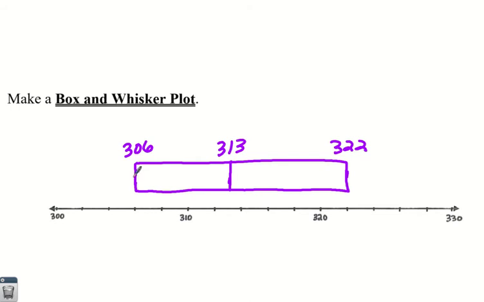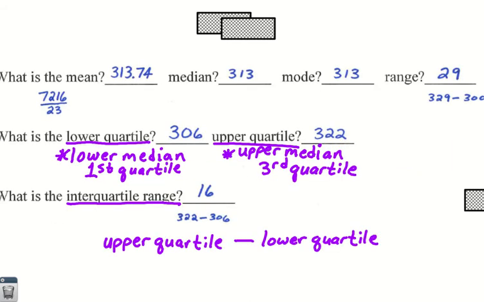And then we draw a whisker out to the lowest value, which in this case is 300. And we also draw another whisker, kind of like a cat whisker, all the way to 329. That was the highest value, right? 329, yep.